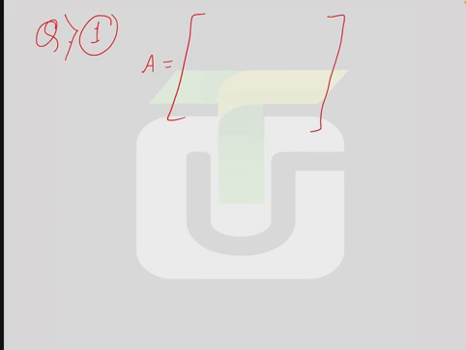So whatever I have taught you so far, I will show you one or two questions on it. So see question number 1. Okay. Suppose we have a matrix of order, suppose, 4 by 4. Okay.